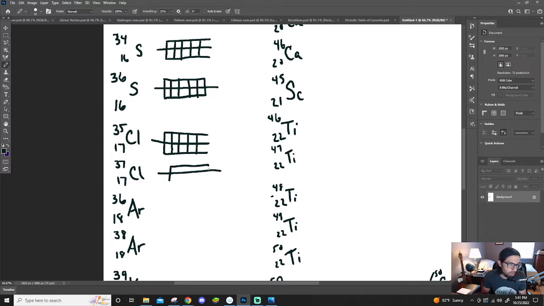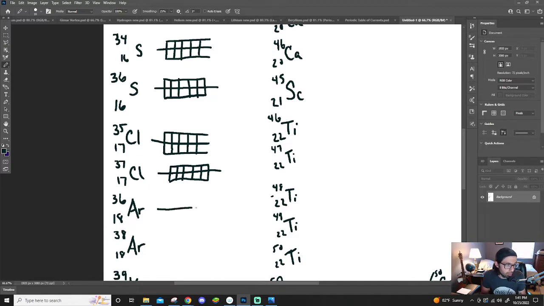Both of these structures are stable, so both of them can exist with additional eddies added within them. So chlorine and sulfur both have the same structure, but again, argon, that's why I think it does it this way, because this structure makes sense and it repeats here around these specific isotopes.